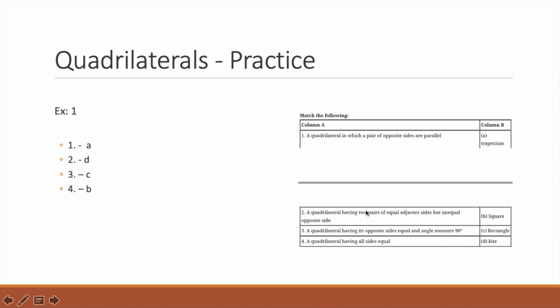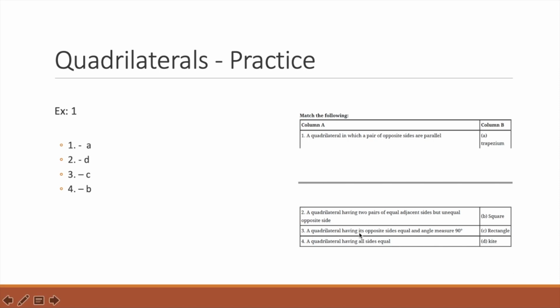Next, a quadrilateral having two pairs of equal adjacent sides but unequal opposite sides, that is coming out to be, as we just studied, a kite, right?